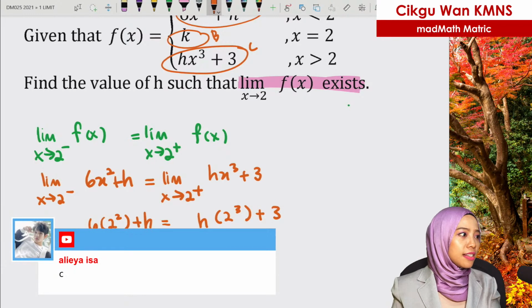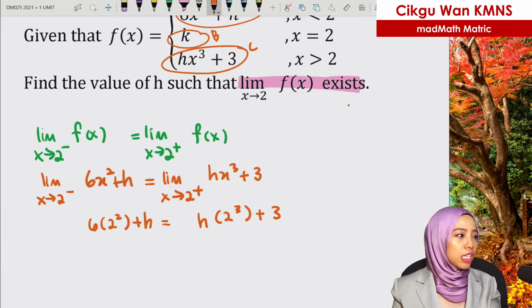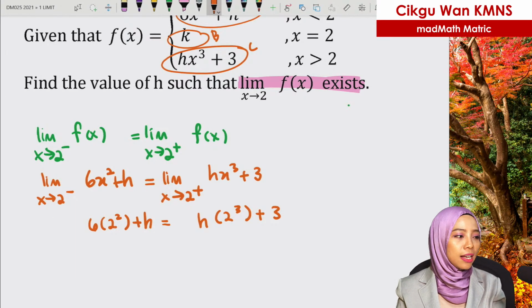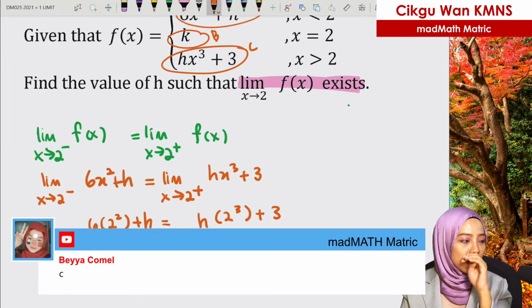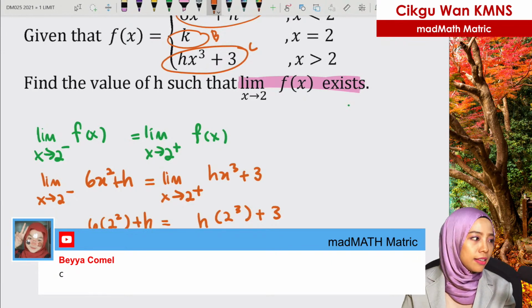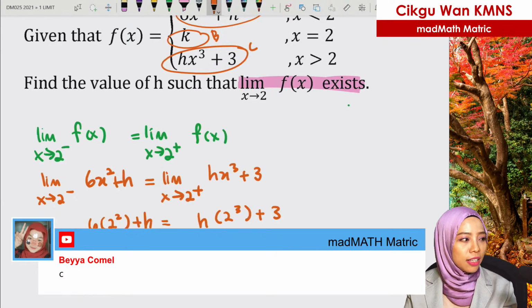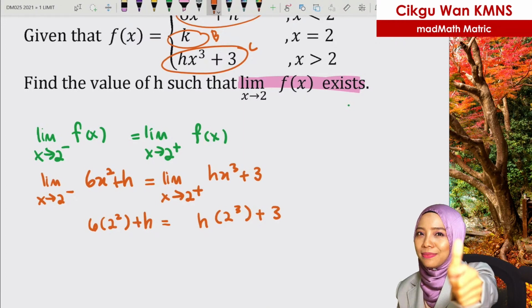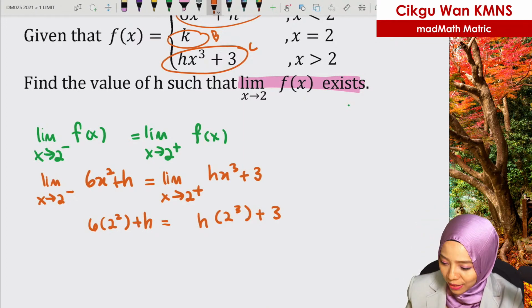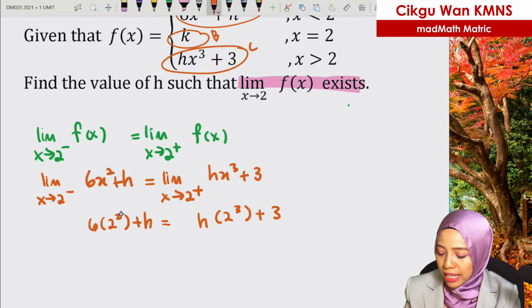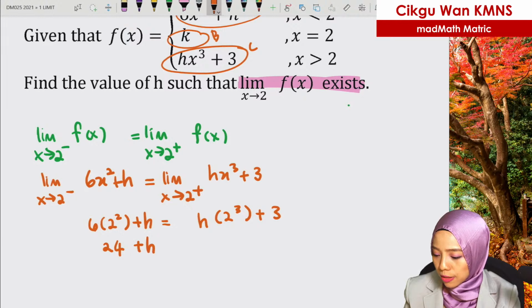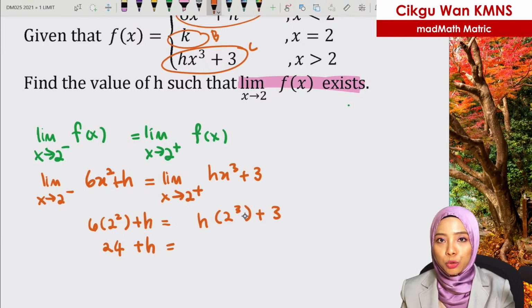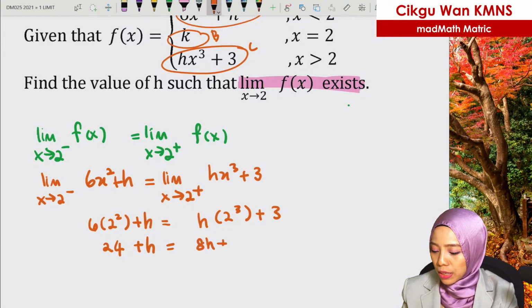C. Zarif, Auni, Khadijah, Bea Comel. Bea Comel ni siapa nama? Nabilah ke? Zarif, Alifah, Siti Nur Aisyah, Alia Malik. Very good. Thumbs up. So 2 squared is 4 times 6, 24 plus h. 2 cubed is 8h plus 3.